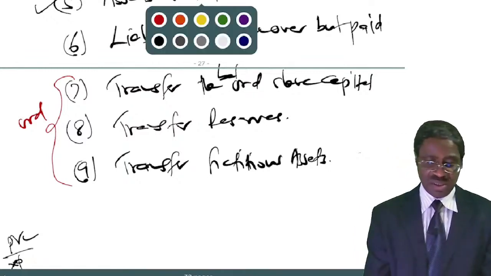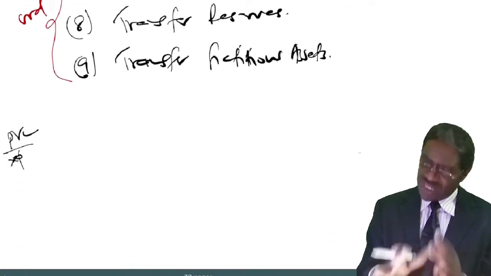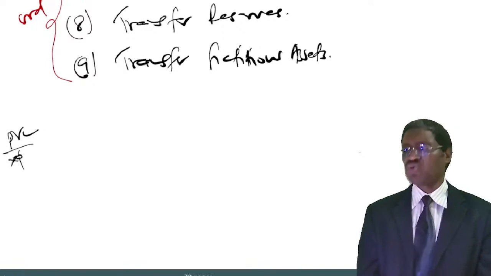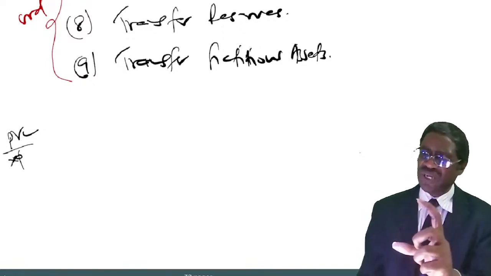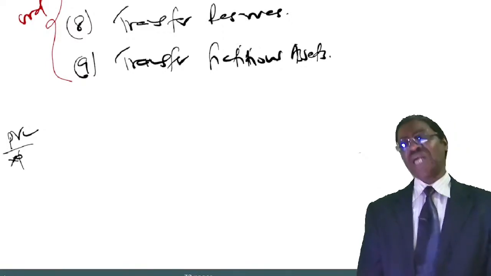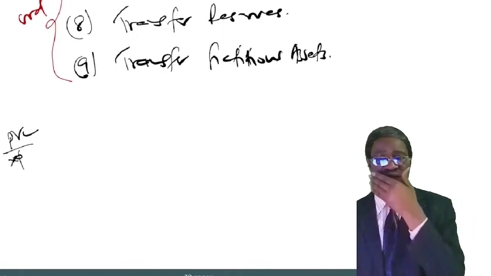Listen, I told you the company is liquidated. The stakeholders must be paid what is due. I also told you that you can't pay them through the respective account. Another group of stakeholders your company may have are the preference shareholders.